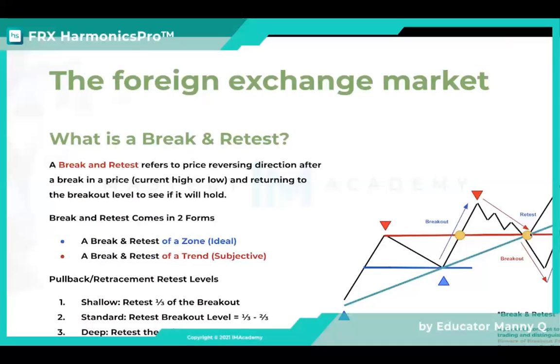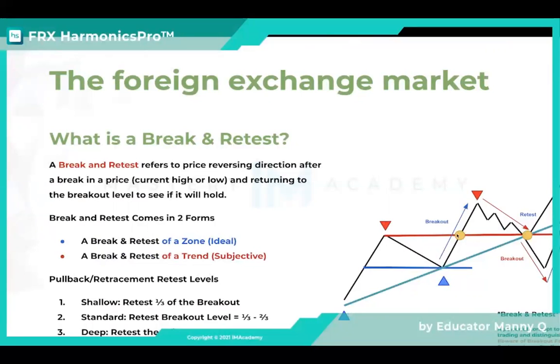By retesting that previous level of structure, this can help traders identify potential entry points in the market or help traders identify if the trend is going to continue in that direction. Remember, a break and retest refers to price reversing direction. It breaks out, reverses direction.